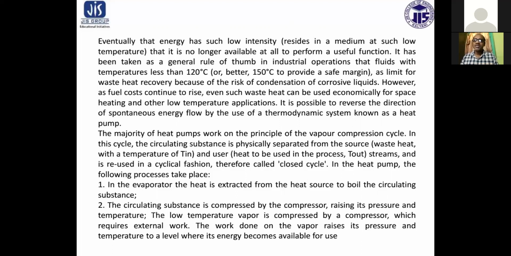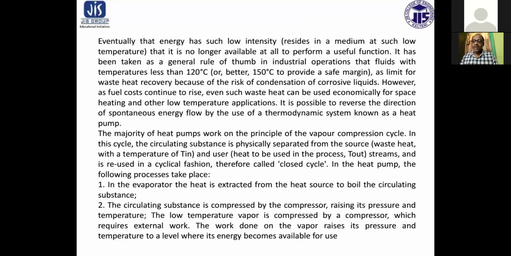It is taken as a general rule of thumb in industrial operations that fluids with temperature less than 120 degrees centigrade, or better 150 degrees centigrade to provide a small margin, are the limit of waste heat recovery because of the risk of condensation of corrosive liquids.